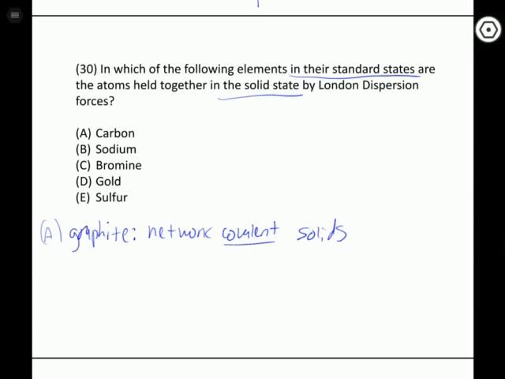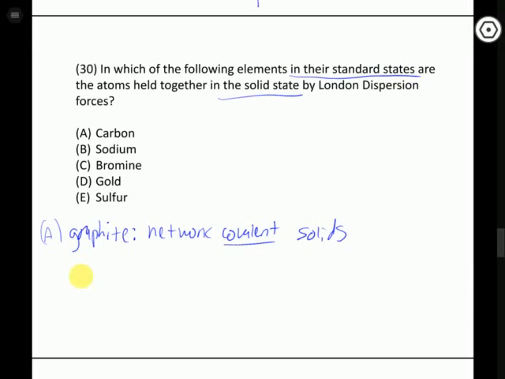Now there are also London dispersion forces in these, but that's not the most important or not the exclusive intermolecular force. As we talked about in graphite, there's layers of atoms. All those atoms are covalently bonded to each other, and then the individual layers have London dispersion forces that are holding them together. But the atoms are held in place by covalent bonds, so that's going to be the strongest force holding them together. So A is not going to work.